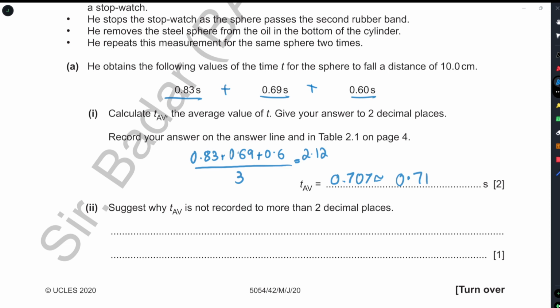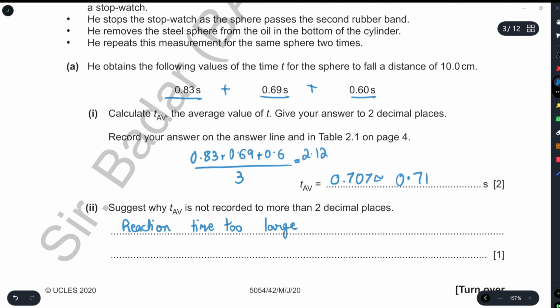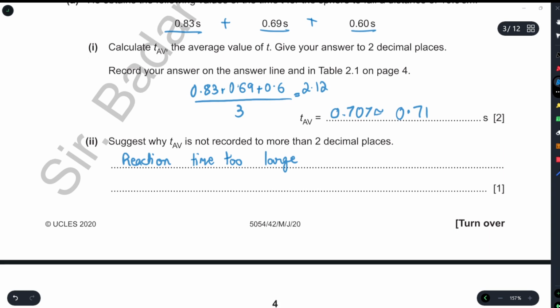Milliseconds में आपका reaction time almost 2 to 300 milliseconds होता है. तो you cannot record correct to 3 decimal places or essentially a millisecond. सही है, तो कोई ख़ास फ़ायदा नहीं है. तो हम यहाँ पे लिख देते हैं कि reaction time too large. तो हम लिख देते हैं कि आपका रिएक्शन टाइम काफ़ी बड़ा है. तो इस वजह से more than 2 decimal places is completely useless.